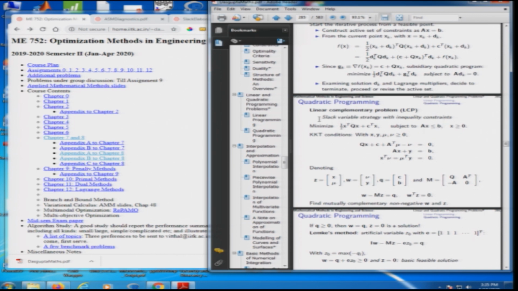So, take this half x transpose q x plus c transpose x, the same thing, subject to all these inequality constraints and the typical element of a slack variable strategy: all the variables you want to be non-negative, so that they can impersonate slack variables. But this we have already done in linear programming.